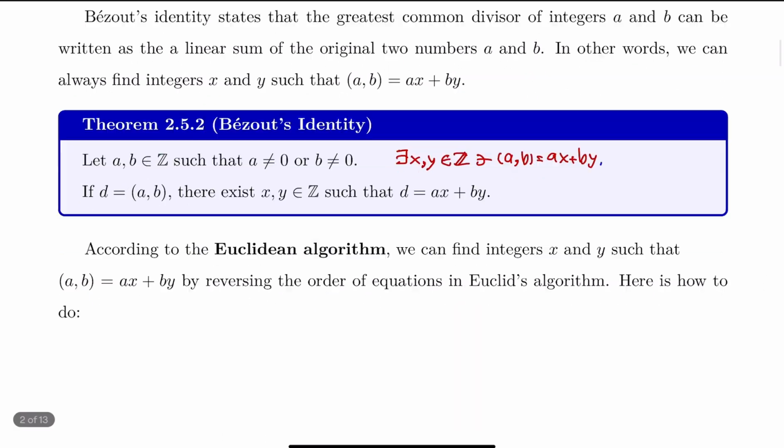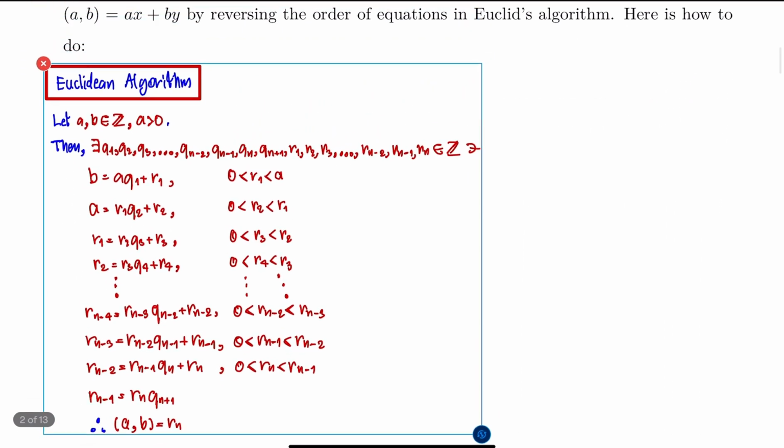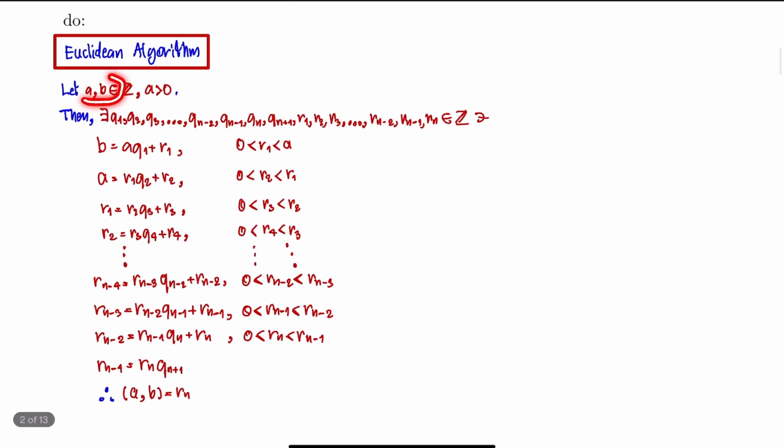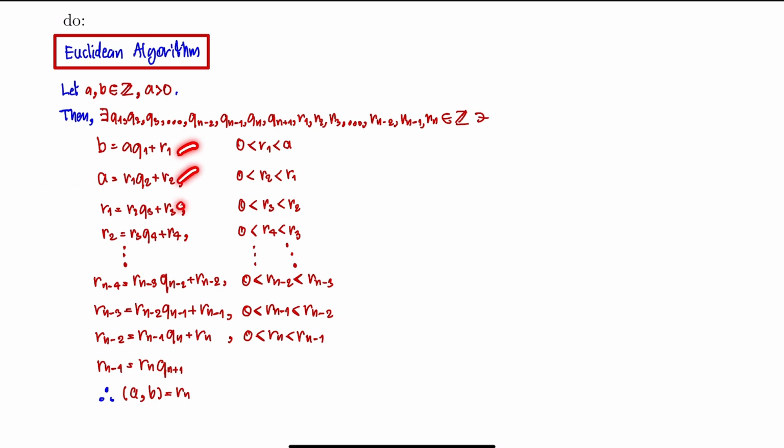So let's take a look at the Euclidean algorithm, this one here. If you try to find the greatest common divisor of a and b, you have to divide one of the numbers by the other so that you have the division algorithm like this, and hence you get a list of these equations.